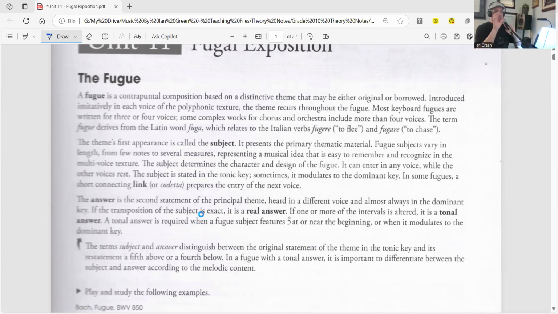There's not going to be subject-answer trading back and forth during the entire piece. Sometimes Mr. Bach would like to change key to a different key, or he might want to do some kind of sequence or some other element to create a transition from one subject to the next answer. So any of those transitional areas are called links, and those are important to find as well.